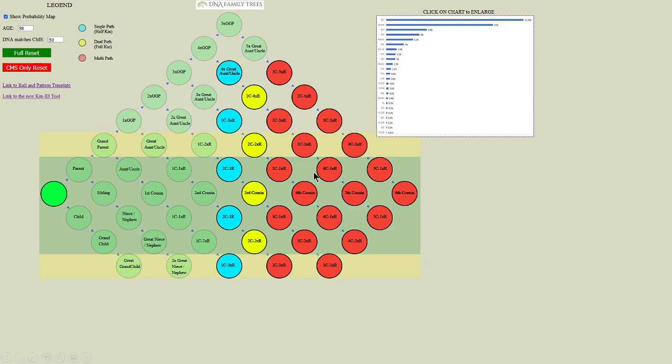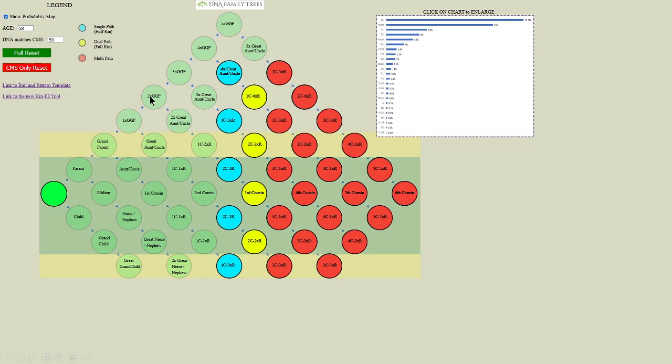And this one being the third cousin, which is right here. That is the most likely for me for a 50 centimorgan match. Then the next one, third cousin once removed, is my next most likely, and then second cousin once removed. All three of these are the most likely, and all three of these come right up here and match at the second great grandparent.